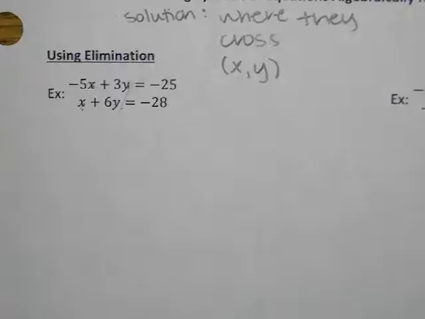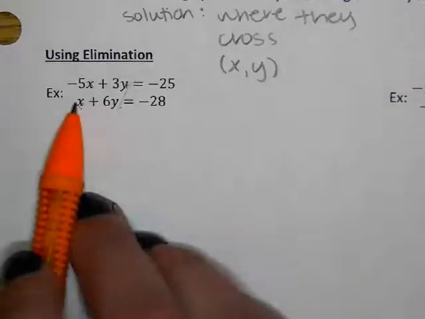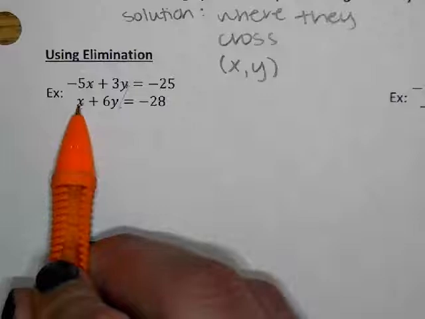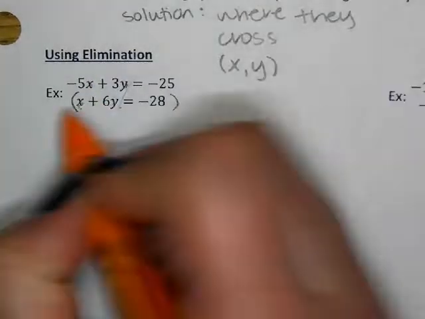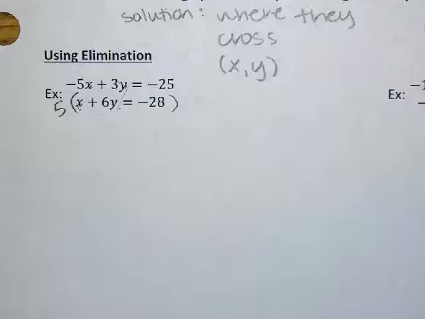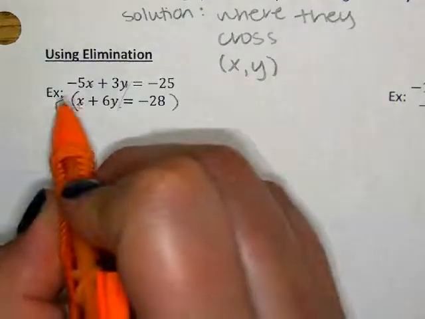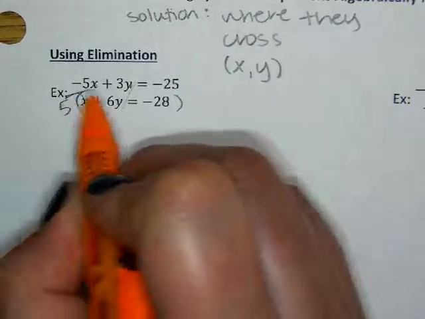Okay, so what we're going to do is take the bottom line. Since this has to be a 5 for it to cancel, we're going to take the bottom line and multiply the whole thing by 5. So 5 multiplied by x, 5 multiplied by 6y, 5 multiplied by -28.